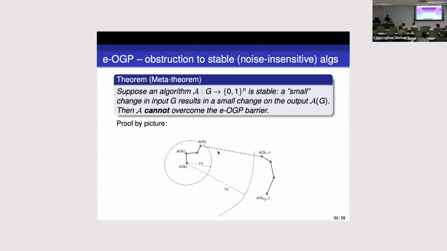But what do I know? I know that in the end, I need to produce an independent set of size n choose two, an independent set of large size in the final graph. My algorithm is stable, so it goes in these small steps and ends up here.